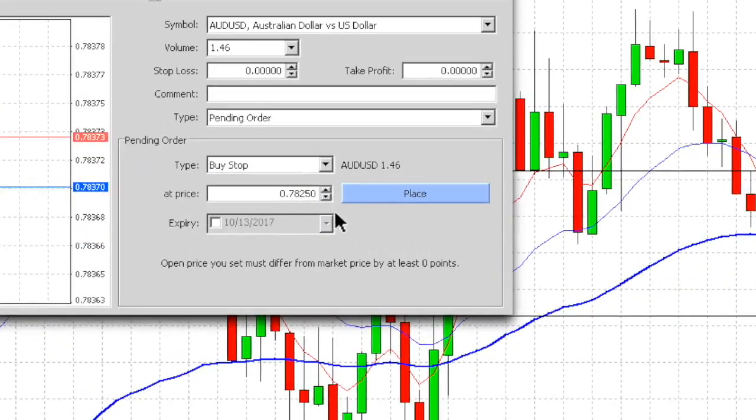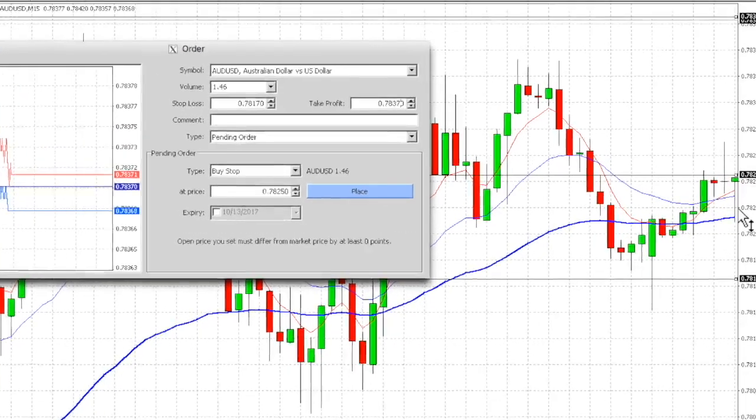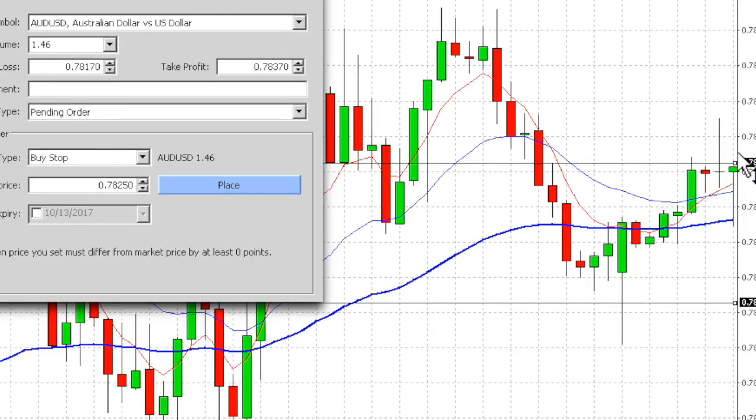My stop loss is 0.7817. Take profit at 0.7837. All right, so once you have that, place the order, the order is there. And if it goes up, it triggers and you're in the trade, right?